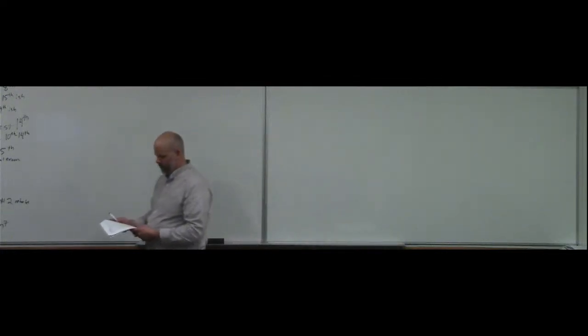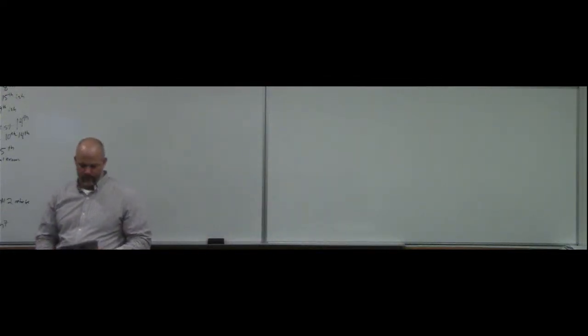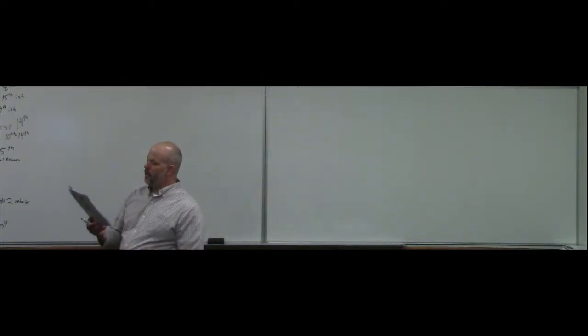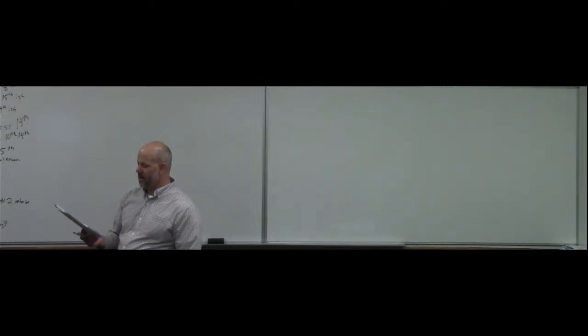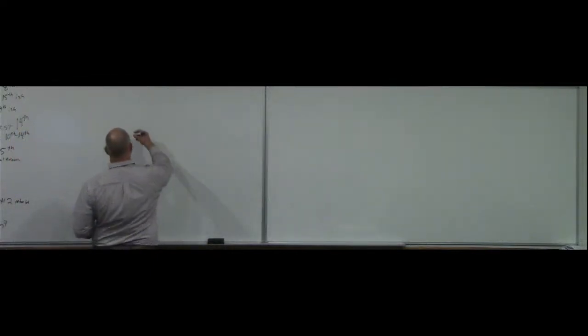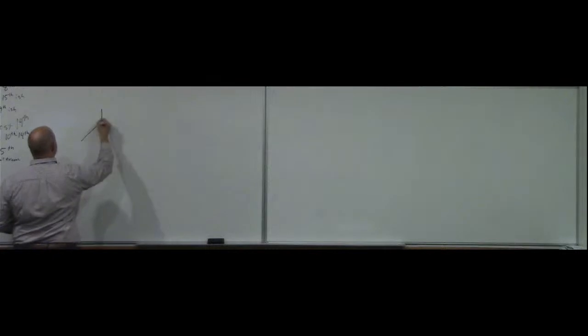All right. Let's talk about vapor pressure. As described in the chapter on liquids and solids, the equilibrium vapor pressure of a liquid is the pressure exerted by its gaseous phase when vaporization and condensation are occurring at equal rates. Another way of thinking of that is graphically.